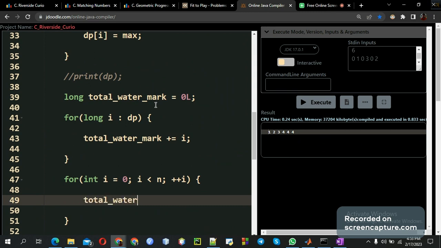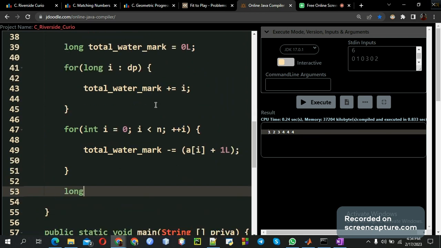So total watermark minus r is equal to a[i] plus 1.